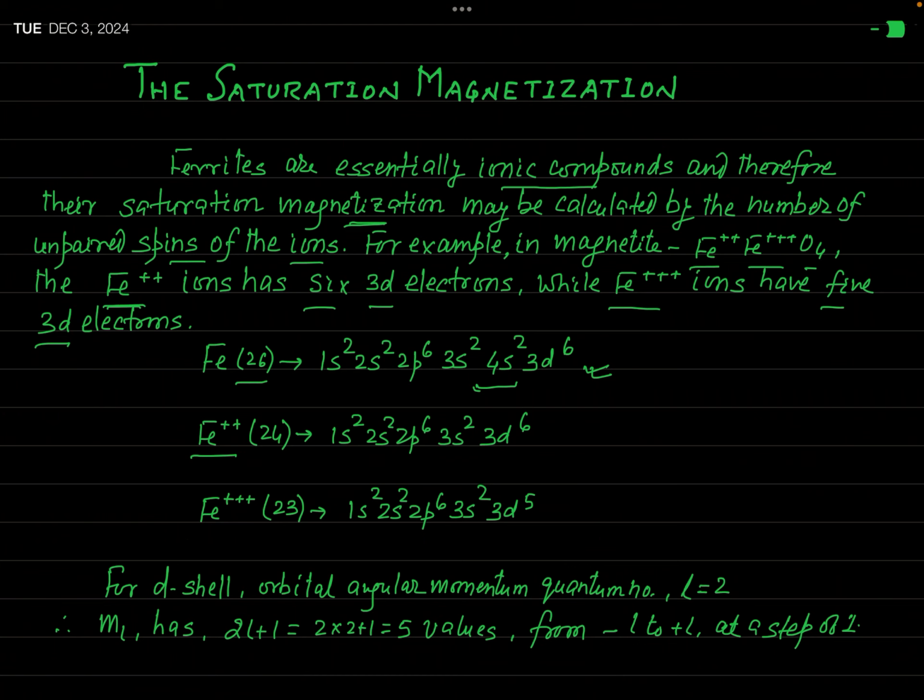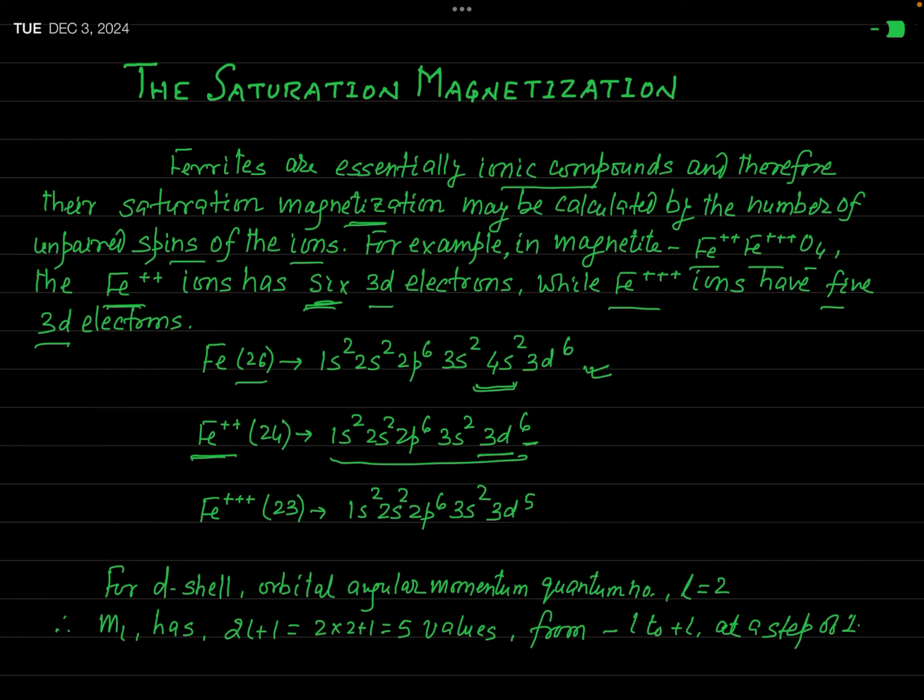So first the 2 electrons in the 4s subshell will be removed. The electronic configuration of Fe²⁺ is 1s², 2s², 2p⁶, 3s², 3d⁶. So in the 3d subshell of the Fe²⁺ ion there are 6 electrons.